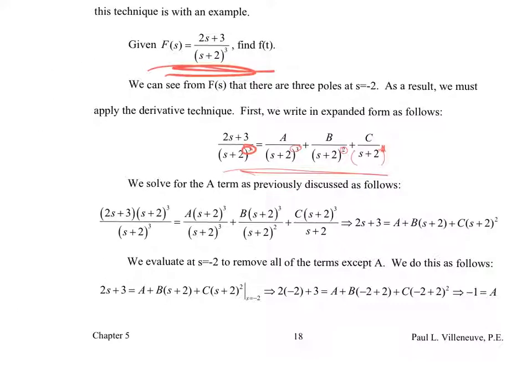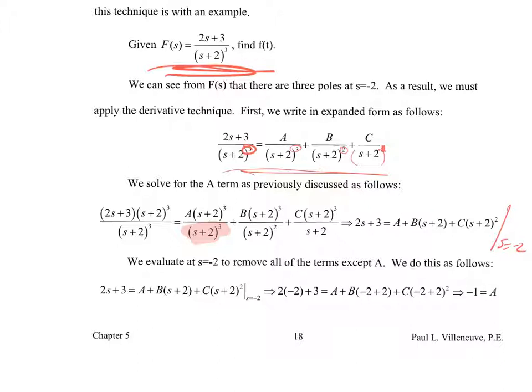So let's go ahead and solve for A. I'm going to multiply both sides by whatever is under the A coefficient, in this case s plus 2 cubed. Multiply both sides by s plus 2 cubed, divide out my terms, and evaluate at s equals minus 2.